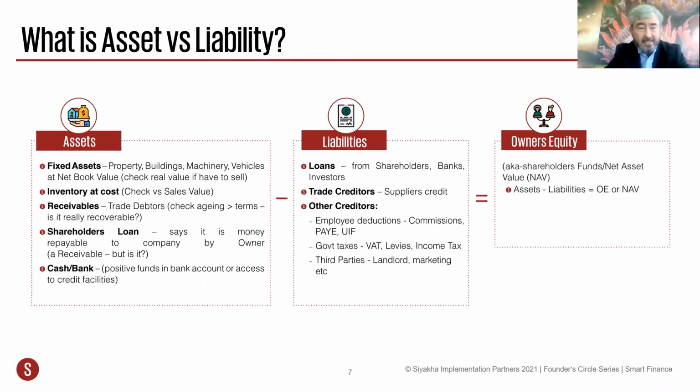So when we do an asset evaluation, we look at the value based on what it cost us. Or if we think we're going to sell it and it's going to be less than that cost, then we would discount that value. So hence you get depreciation of assets. So over time, through wear and tear, your asset would be depreciated. Now, at some stage, you may sell it at a profit or a loss.